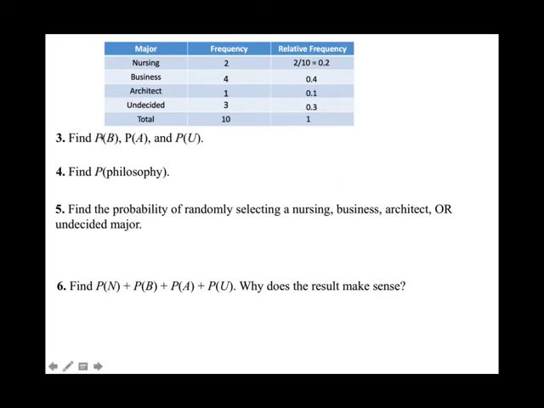So now I want you to find the probability of business, probability of architect, and probability of undesign. Okay, probability of business, that will be 0.4. Architect, 0.1. Undesign, that will be 0.3 here.